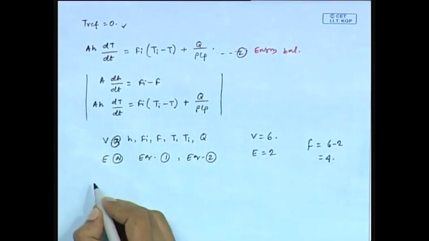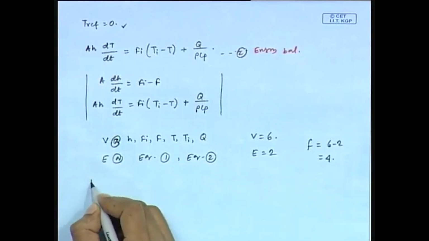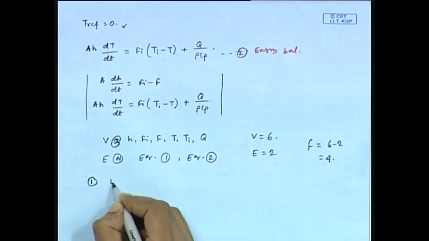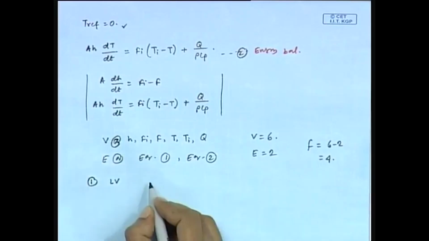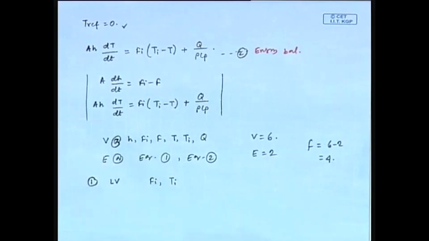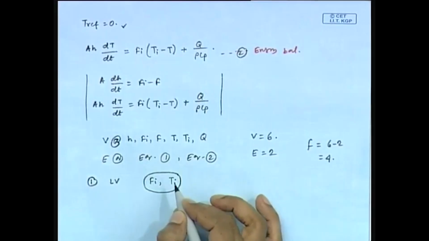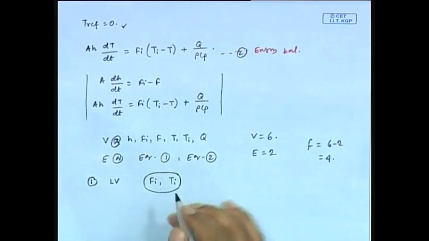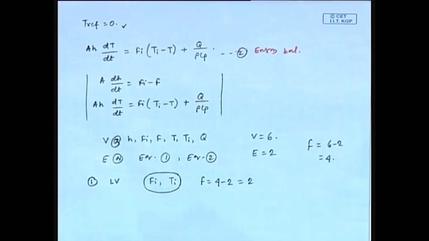We have discussed there are 2 ways to reduce the degrees of freedom. First option is we can specify some load variables. What are the load variables in this system? One is Fi, another load variable is Ti. If we specify these 2 load variables, then the degrees of freedom reduces to 4 minus 2, that is 2.